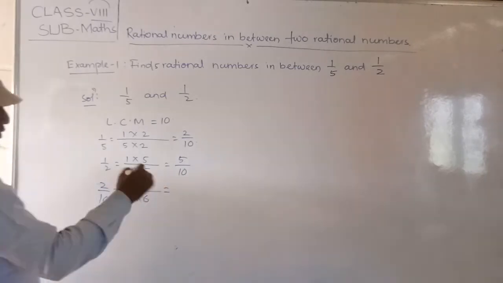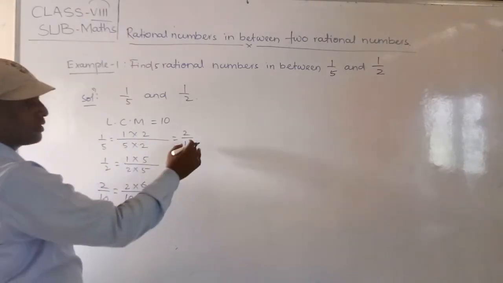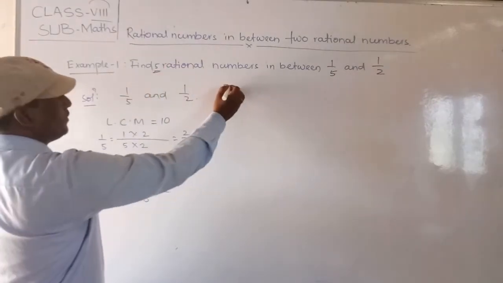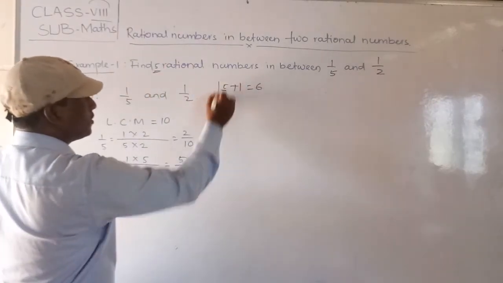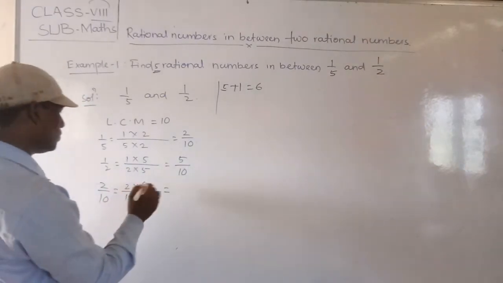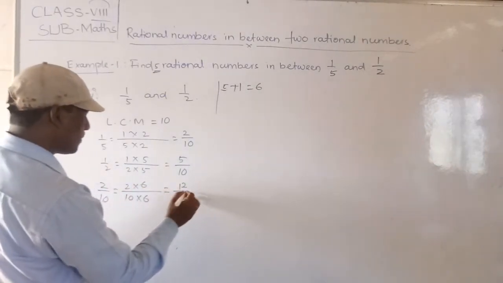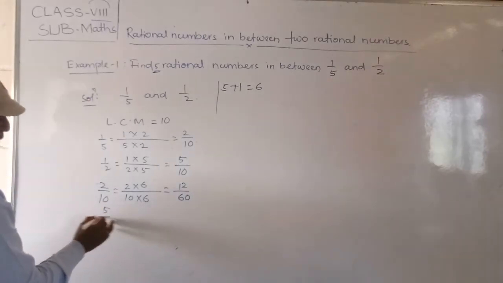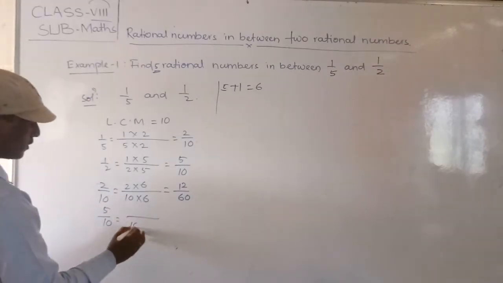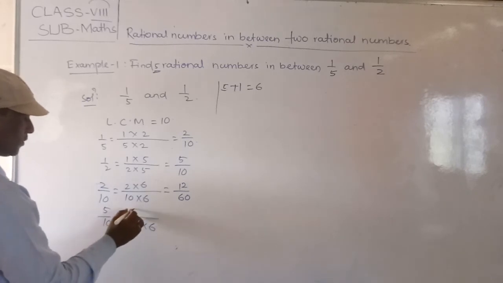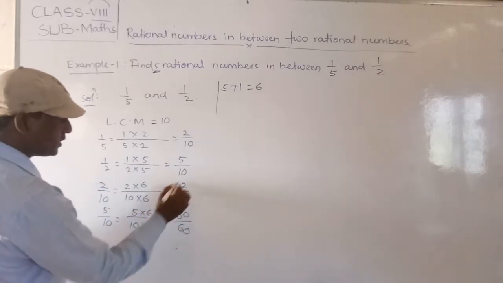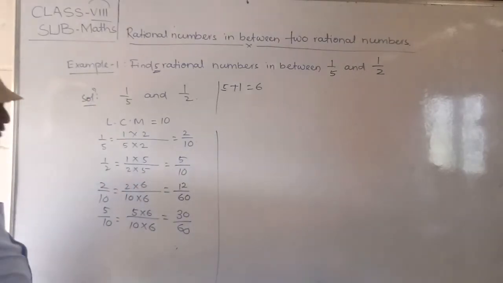Why should we do this? To increase the number of rational numbers. The number given was 5, so 5 plus 1 is equal to 6, so multiply both by 6. 2 into 6 is equal to 12 by 60. Same, 5 by 10 is equal to 5 into 6 by 10 into 6, which is 30 by 60. These are also like fractions, so like rational numbers.